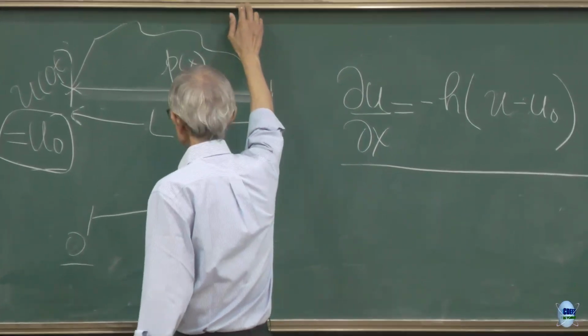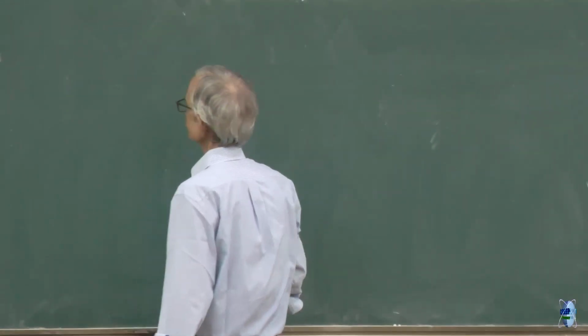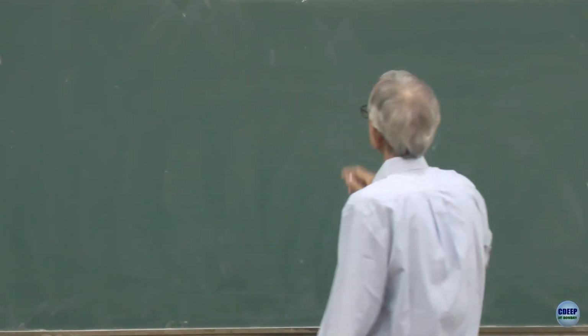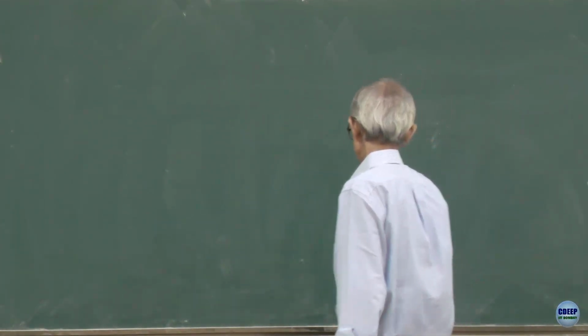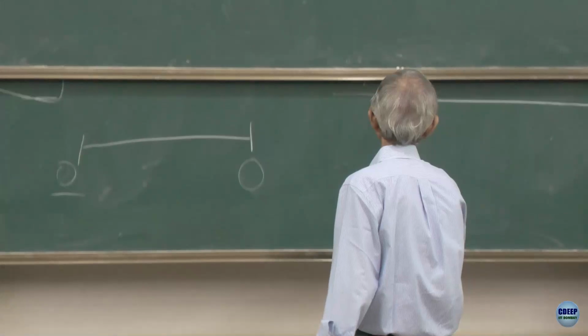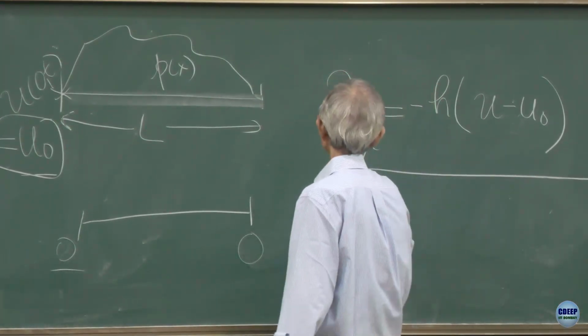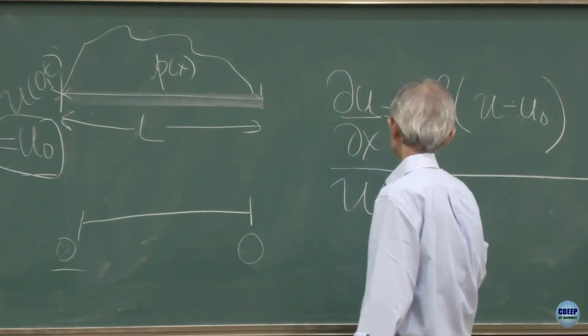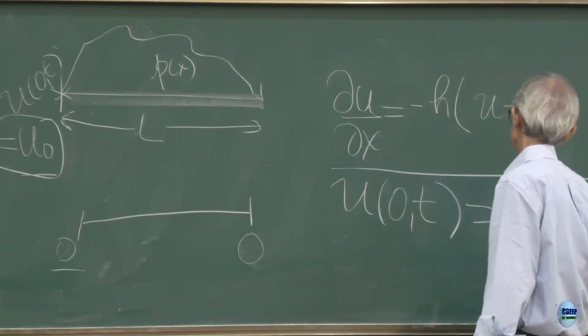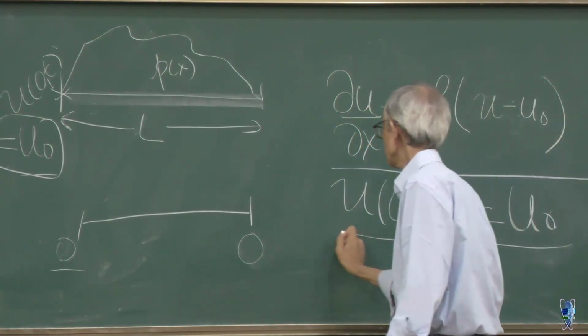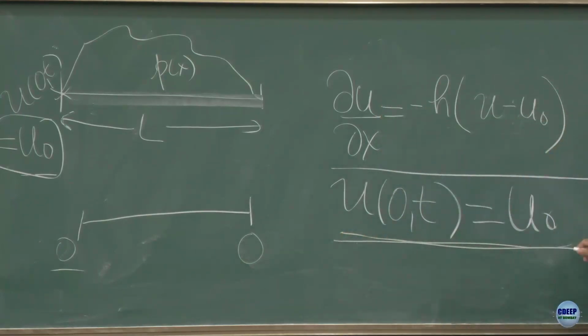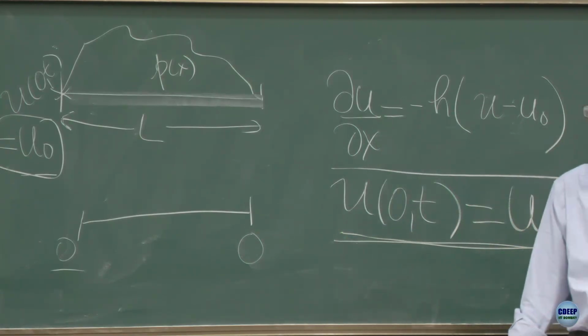Alright, so our conditions are u equal to u naught. This is one of the conditions: u at x equal to 0 for all time is equal to u naught. So how do I make this homogeneous? What would be the easiest way of trying to make it homogeneous?